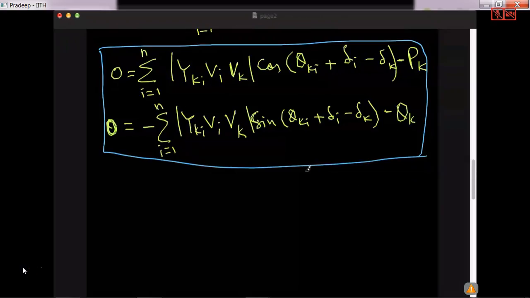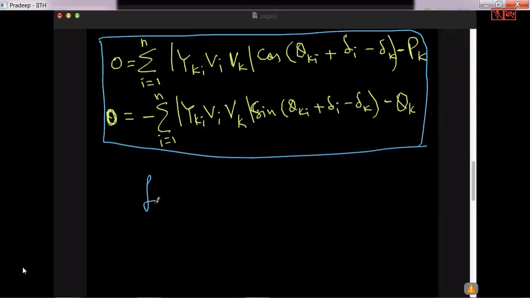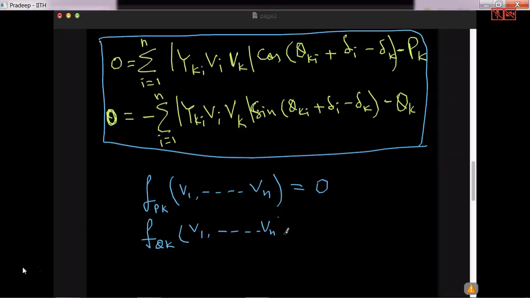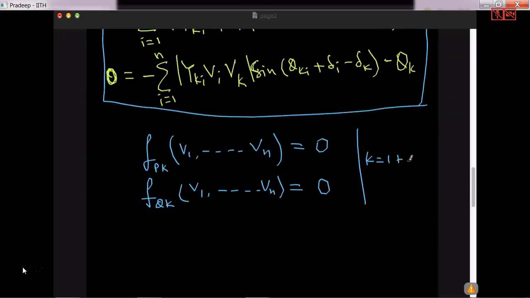I can write this as function Pk, and the variables are V1 to Vn equal to 0. In fact the variable here is only Vk. Similarly, function Qk, variables V1 to Vn equal to 0, for k equal to 1 to n.